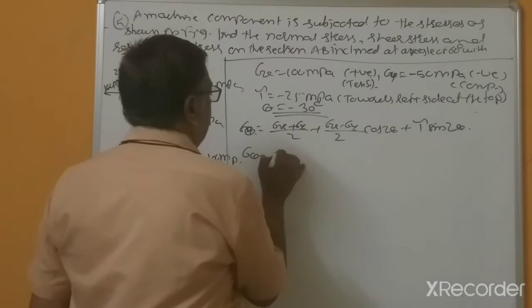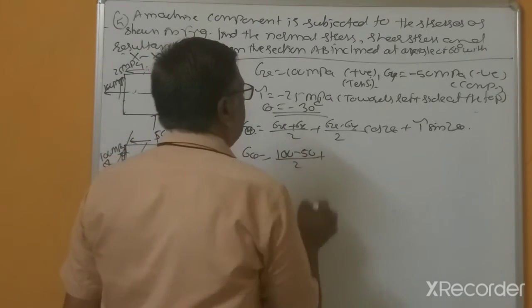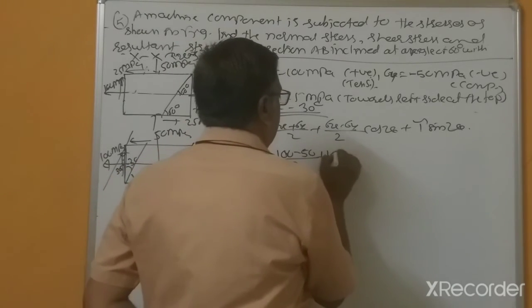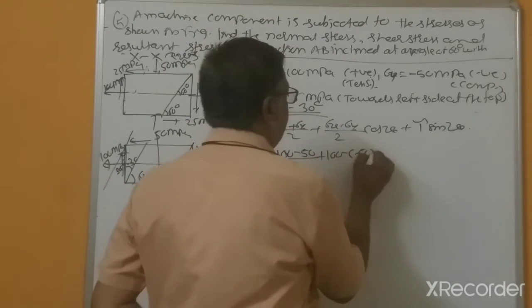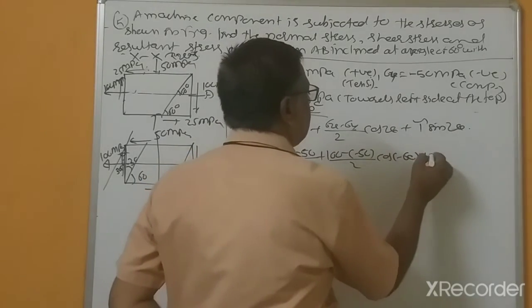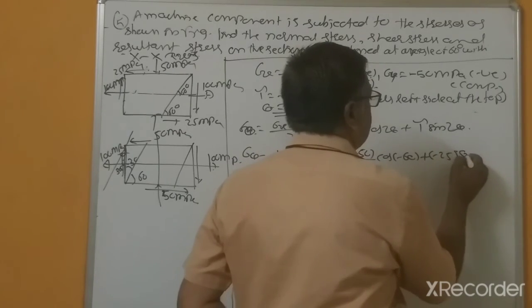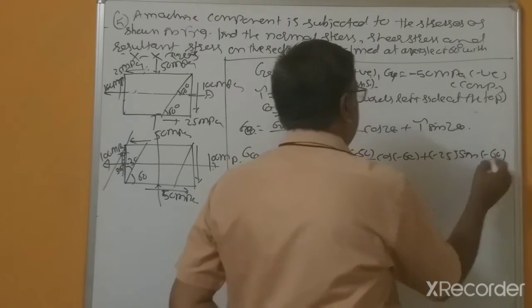So this is 100 minus 50 divided by 2 plus 100 minus 50 divided by 2 cos minus 60 minus 25 sin minus 60.